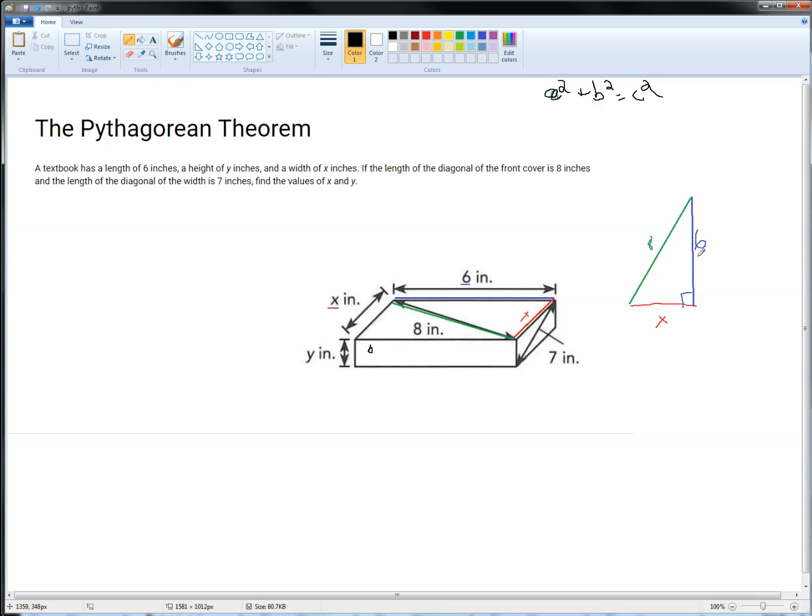The legs of our right triangle are the 6 and the x. That means a squared can be the x value. It doesn't matter which order you put these in. x squared plus 6 squared equals c squared, which is a value of 8.